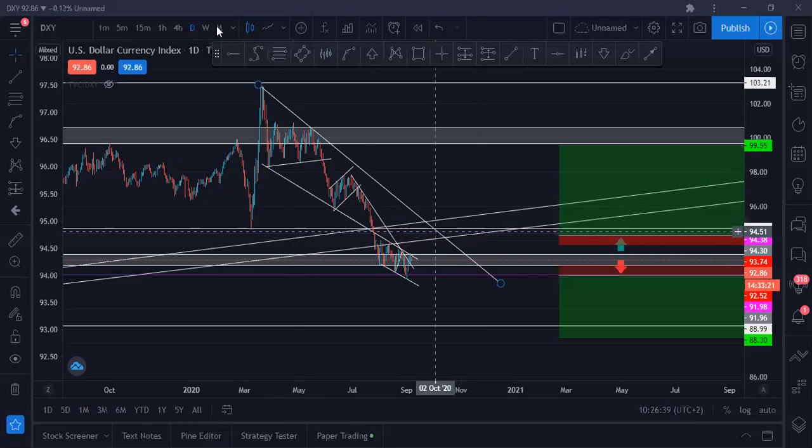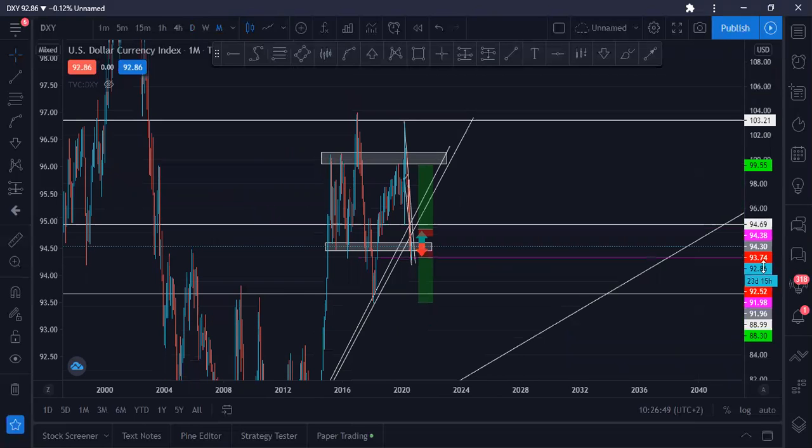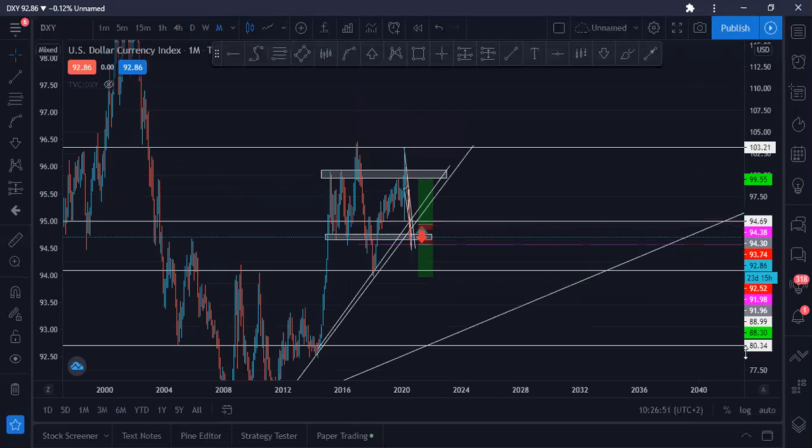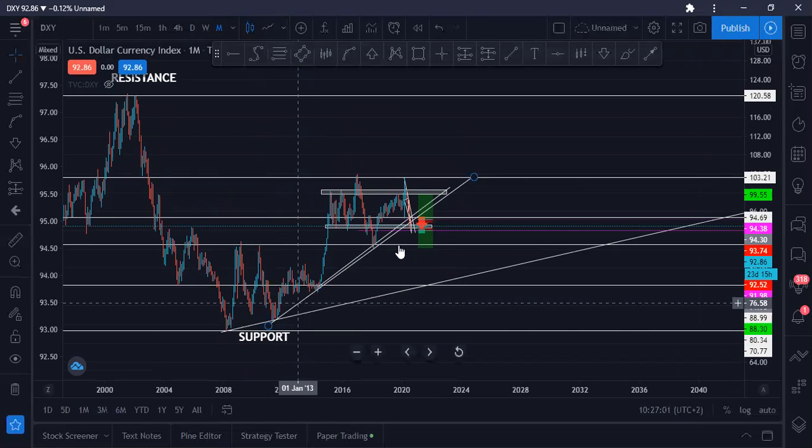So let me take you guys to the monthly time frame and actually show you the bigger picture and how important the dollar's position is right now in terms of an overall picture. As you guys can see, we have this trend line all the way from about 2010, 2011. So we've been in a bull market ever since.